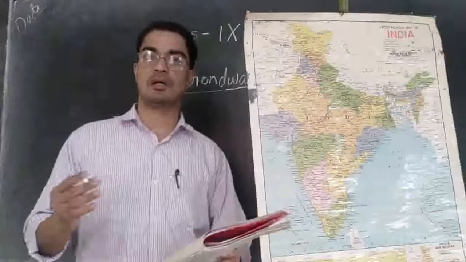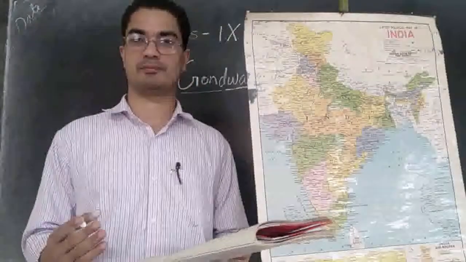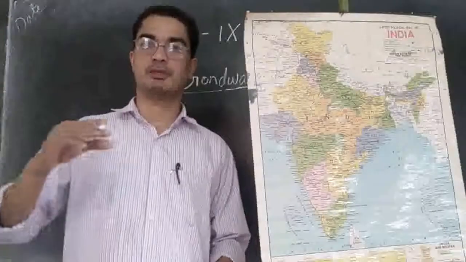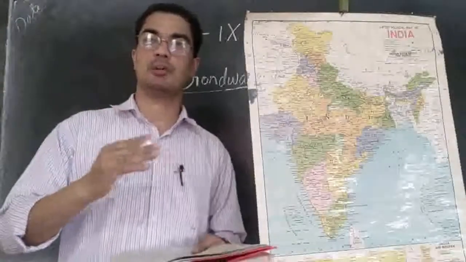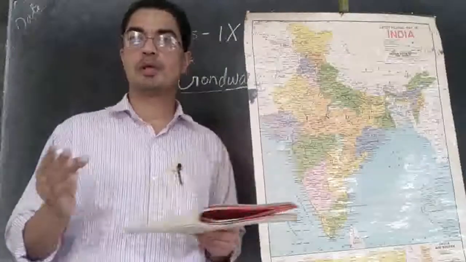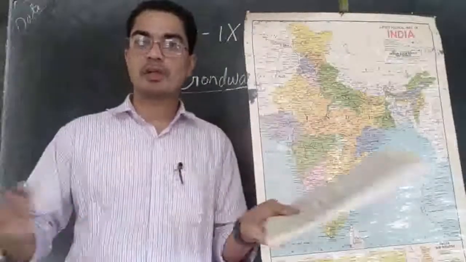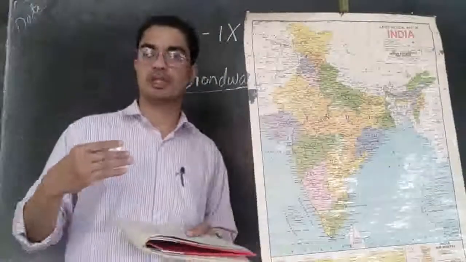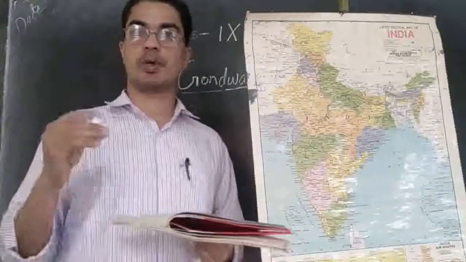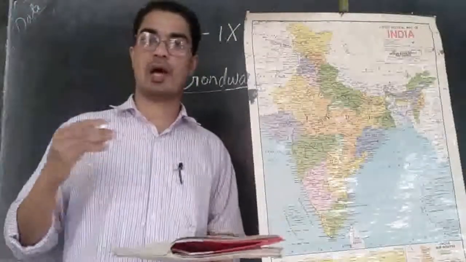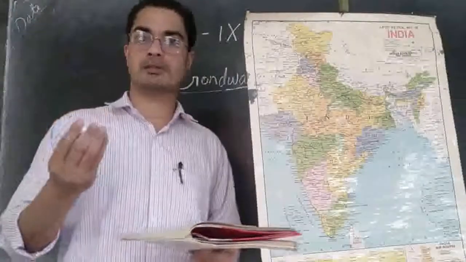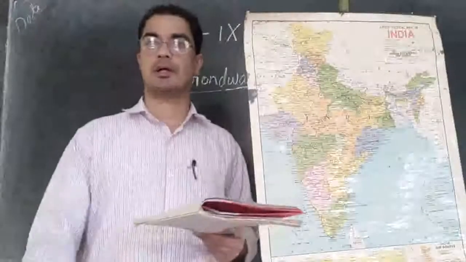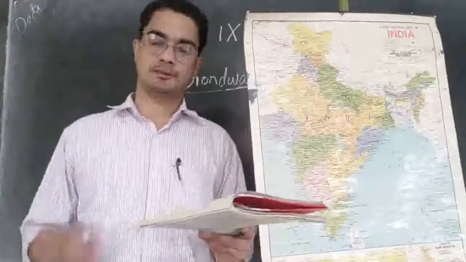So the convectional currents split the crust into a number of pieces. We know under the earth it is so hot. Sometimes volcanoes are not coming up because of the pressure. The plates keep moving. Some are moving this way, some that way, some upward, some downward. Because of this movement of the plates, the pressure under the earth is so high and it is melting the inner crust of the earth.